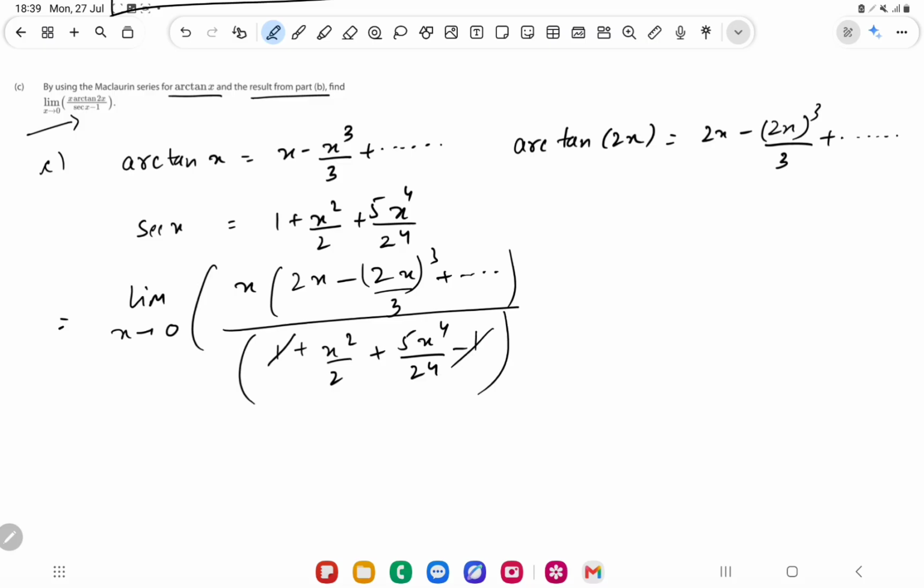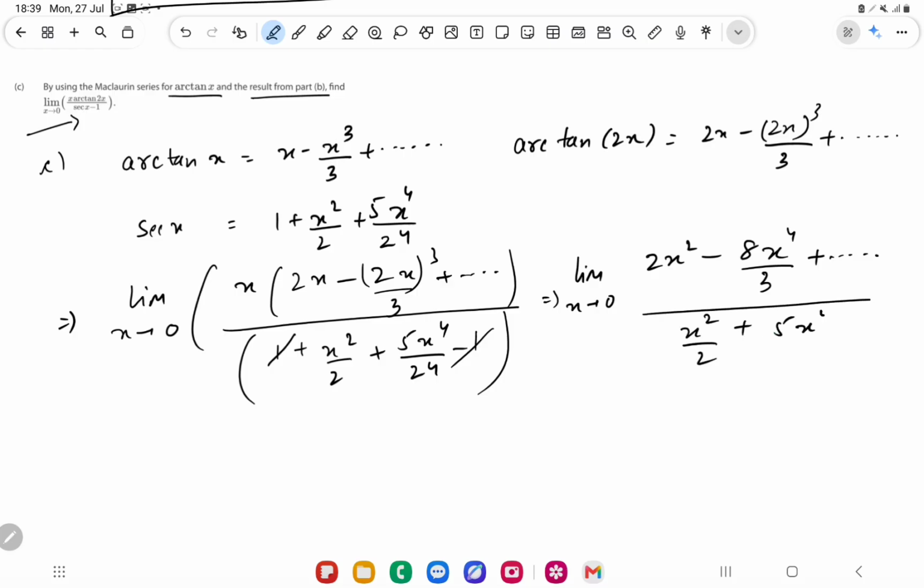So this will get cancelled out, and then I can still take some x common, cancel it out, and then solve it. So this will be the limit as x tends to 0 of 2x squared minus 8x to the power 4 over 3 plus so on, divided by x squared by 2 plus 5x to the power 4 by 24.